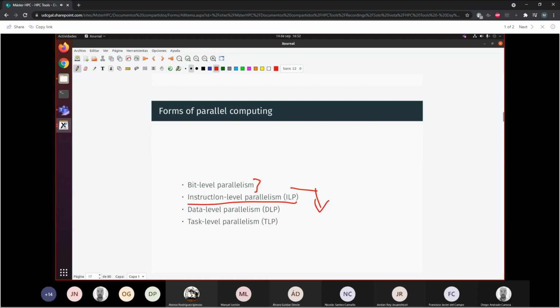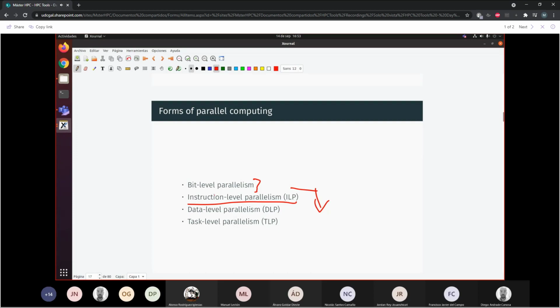But obviously, this is not what is happening. Modern computers are able to execute several instructions at the same time, all the time. That is instruction level parallelism: the ability to execute several instructions at the same time.